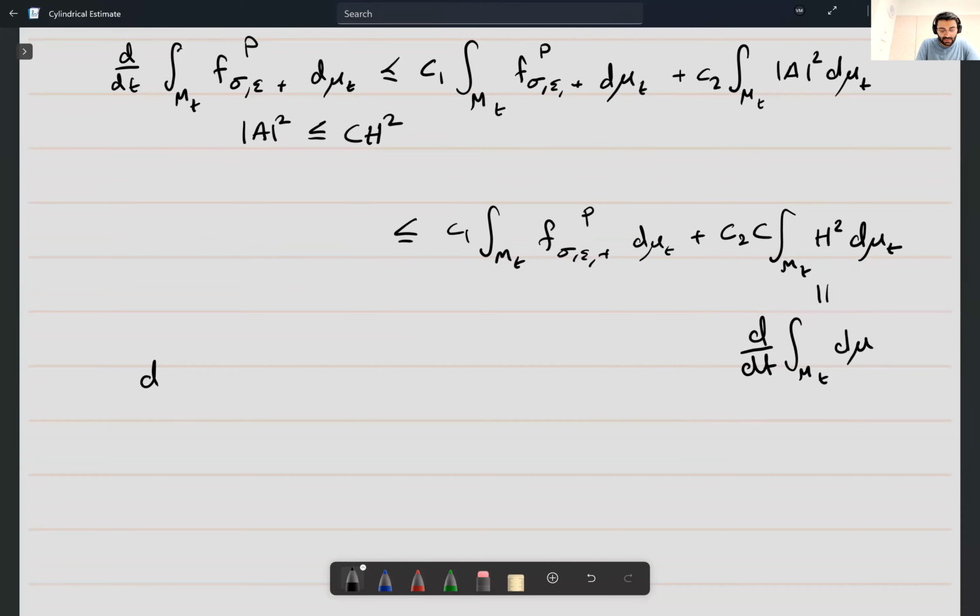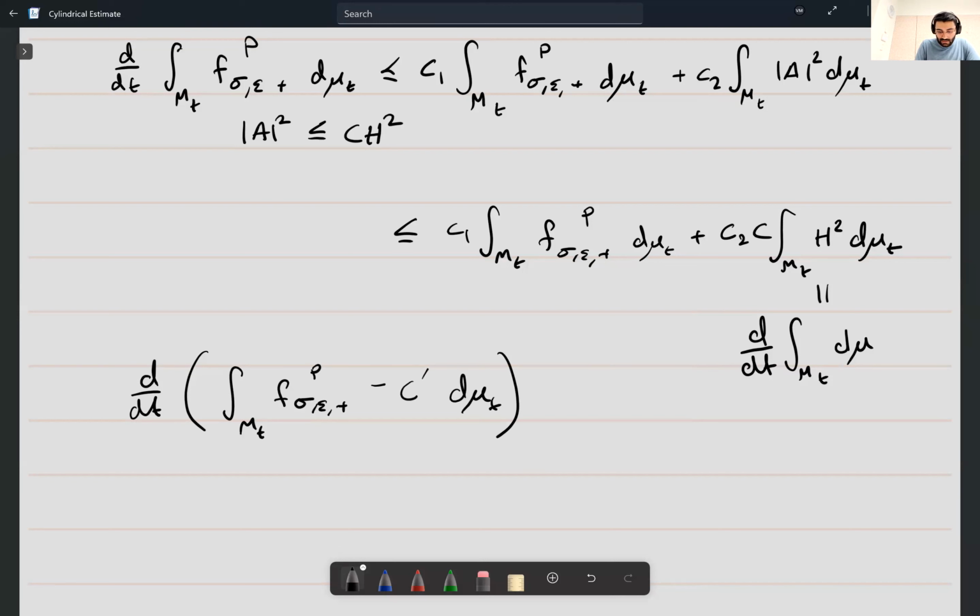So I get d on dt of the integral of f sigma epsilon plus minus a constant c dash.